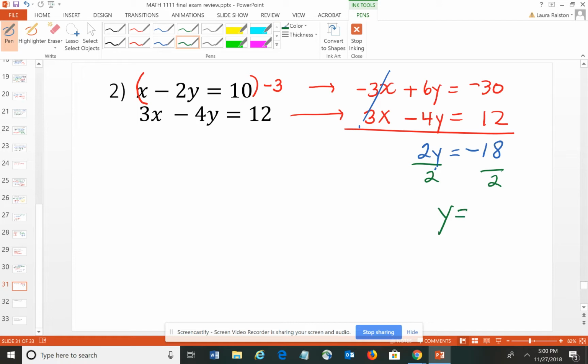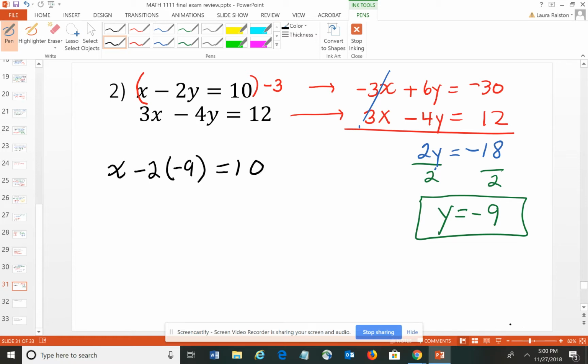So y is negative 9. Once I know the value of y, I can backtrack and substitute into either one of the equations. So I'm going to use the top one. I would have x minus 2 times negative 9 equals 10. That's x plus 18 equals 10.